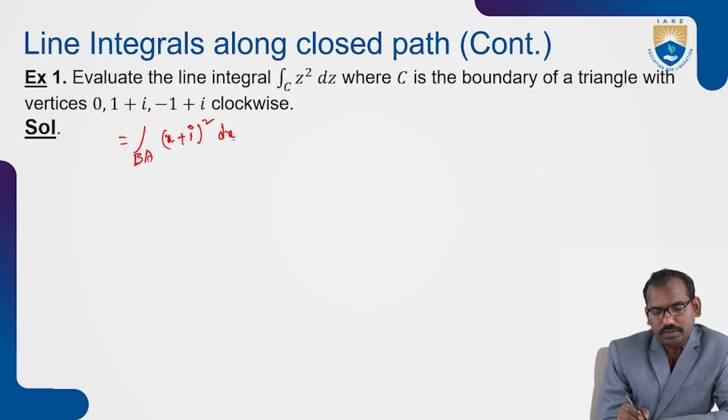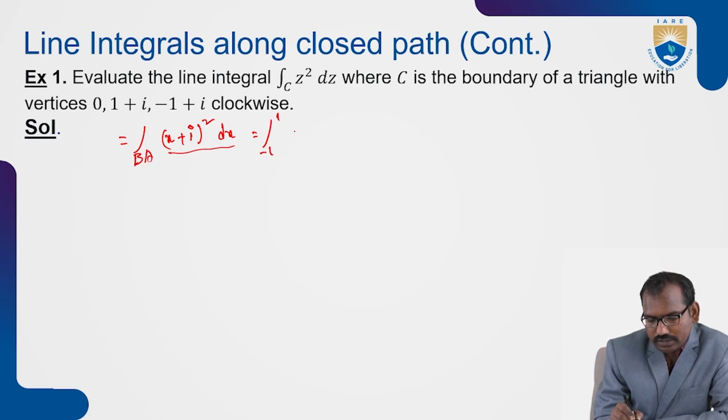Okay, because dy is 0, that's why you will have only dx. Now integration, see we are getting integrand in terms of x. Now we will write from minus 1 to 1. Here I will write x square plus i square plus 2ix dx.